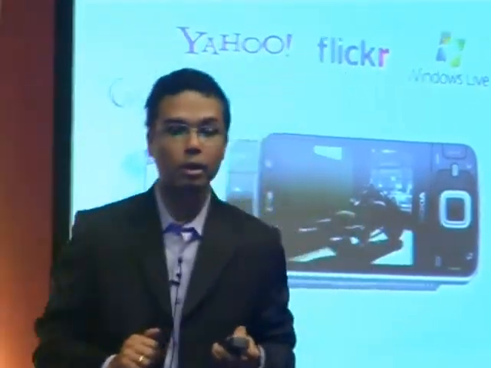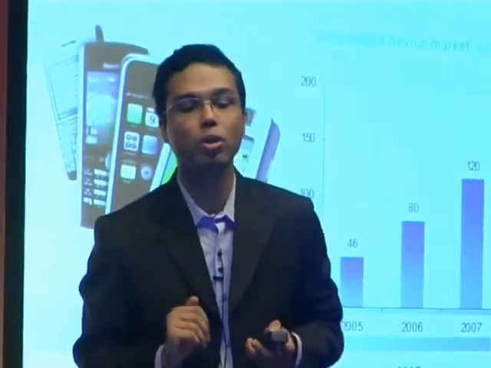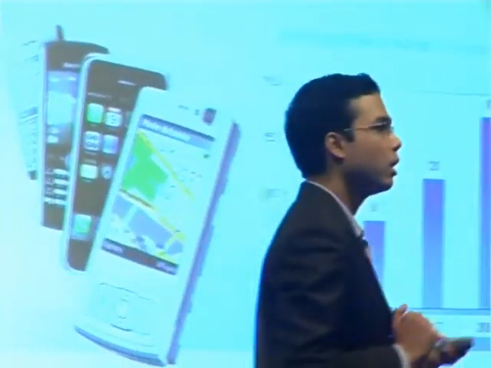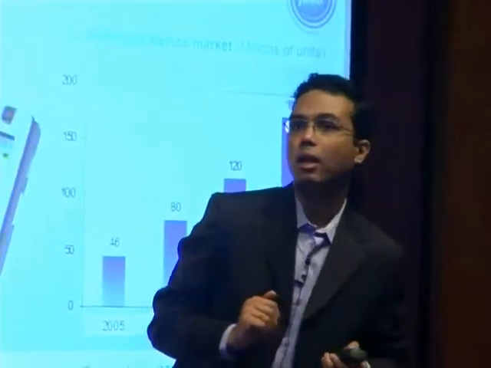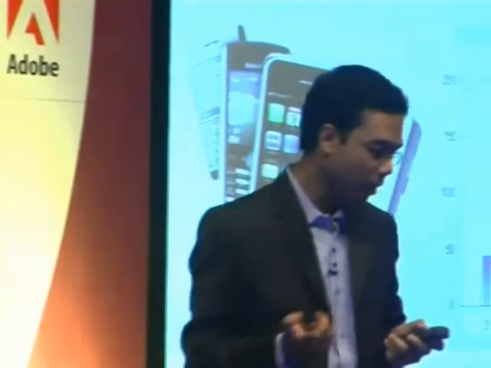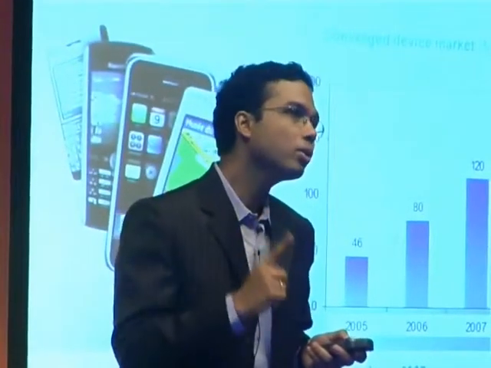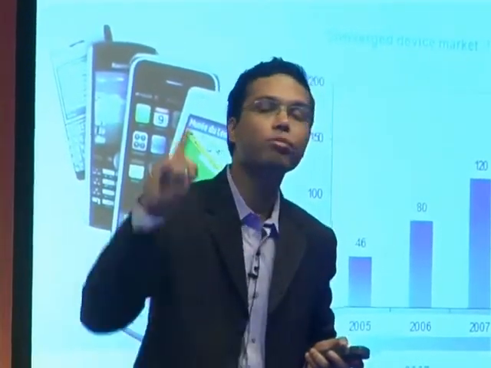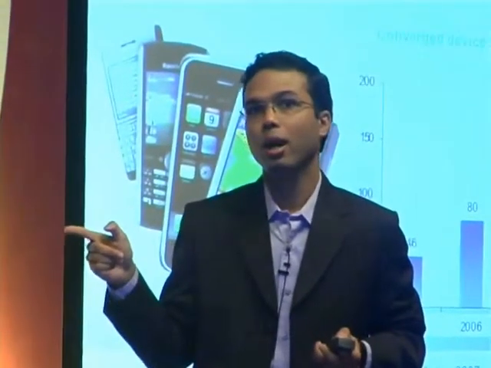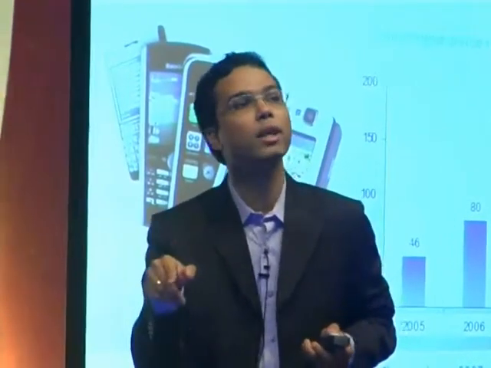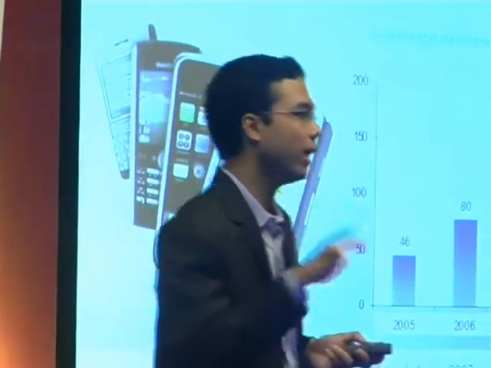Okay? So, if you look at this strong growth of converged services and converged devices, year on year from 2007 to 2011, we will have a growth rate of converged devices at 40%. At the same time, non-converged devices will grow only at 3% or less.